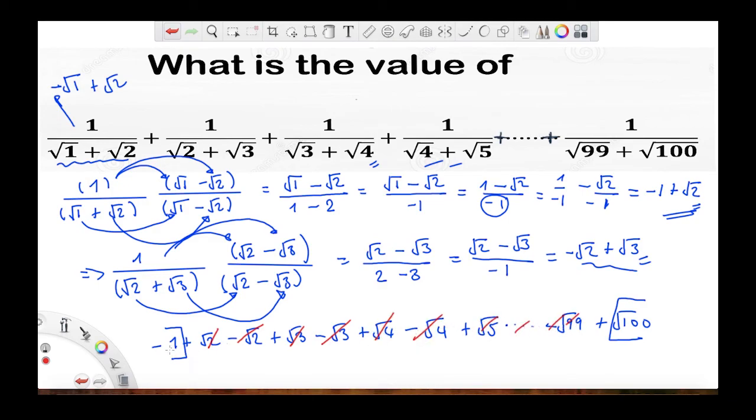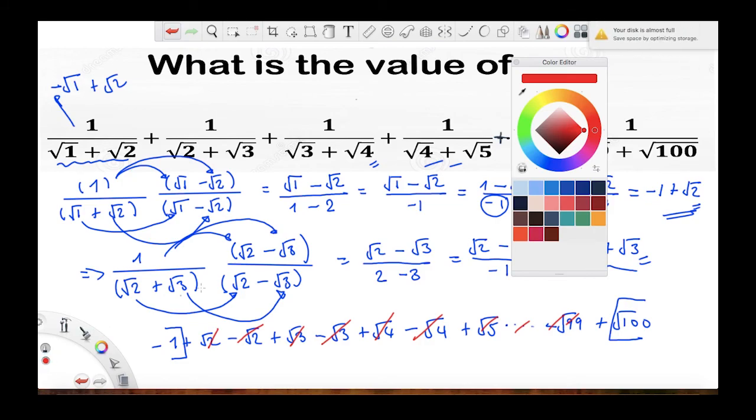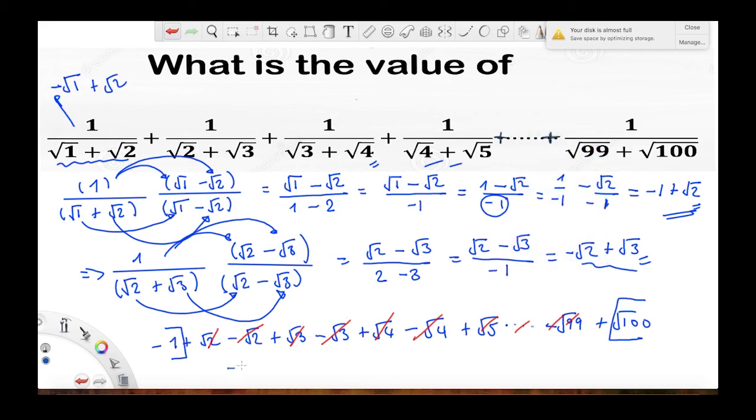So we'll be left with only the first and the last number. So this is the same. We will be left with minus 1 plus the square root of 100, which is 10. So 10 minus 1 is the same as 9. So this is our answer. So our answer is 9.